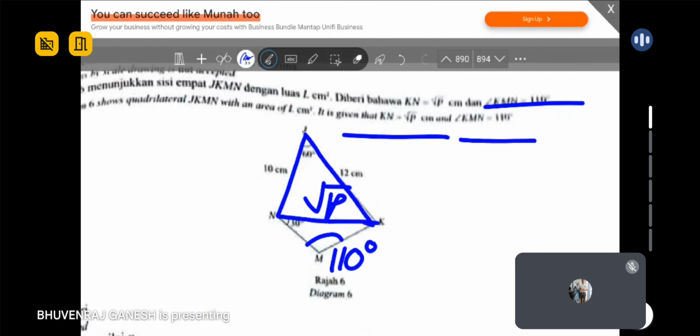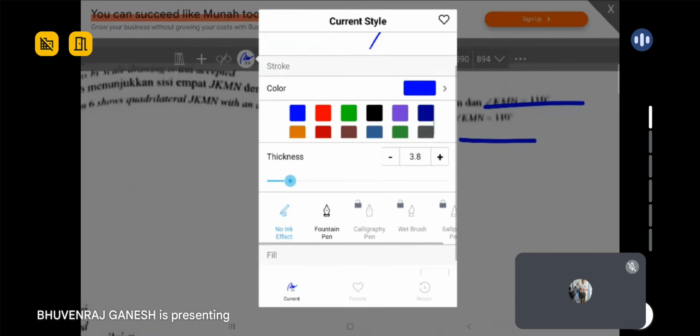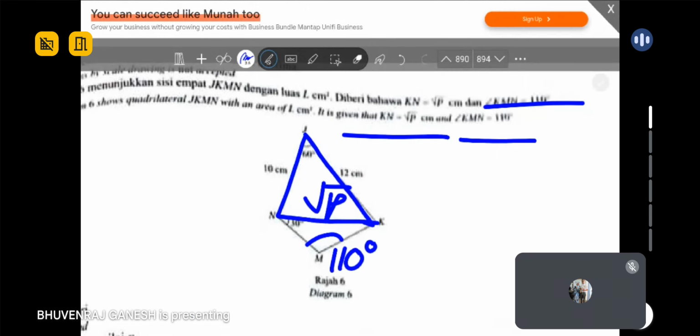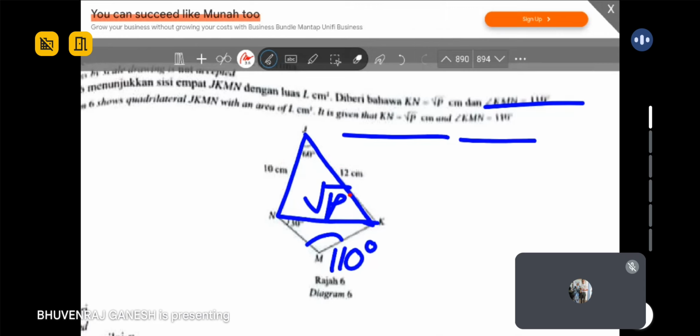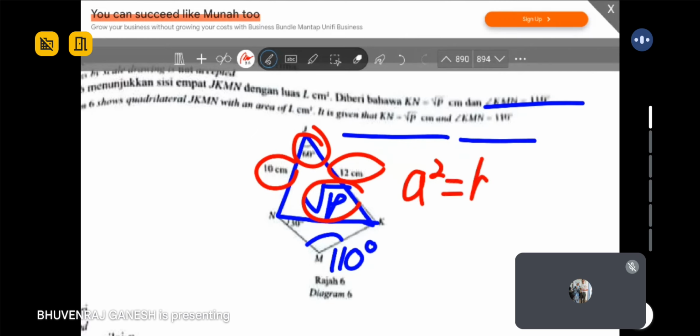Guys, can you see you got 3 lengths? You have 3 lengths that are already given. First length, second length, third length. Okay, you have 3 lengths, and you have one angle. 3 sides, 1 angle. What formula guys? Of course it's cosine. Okay, because its formula is like this. Am I right?